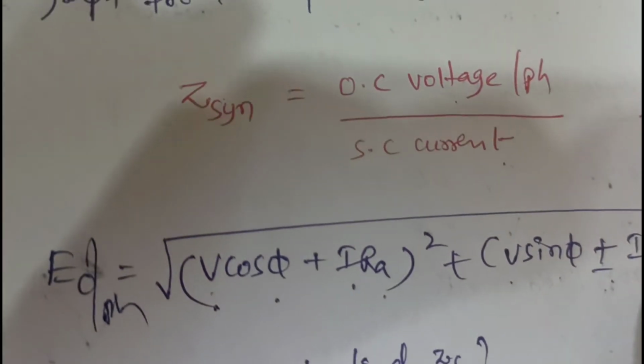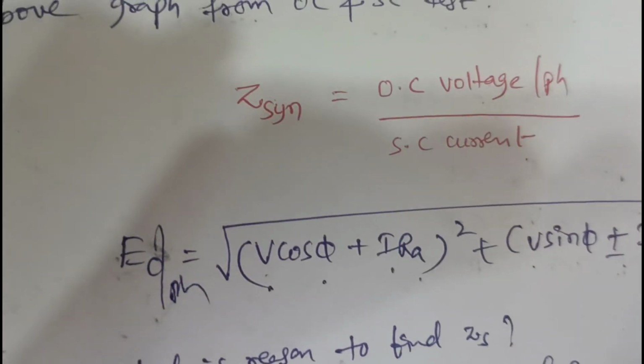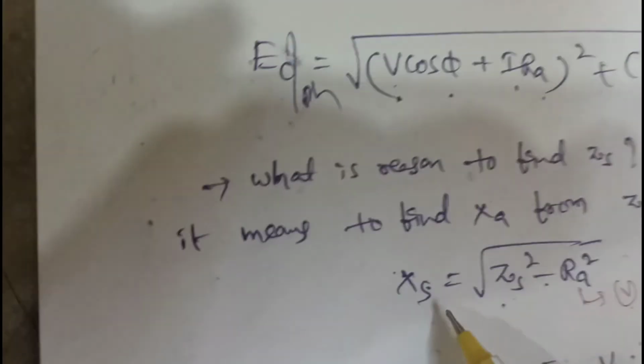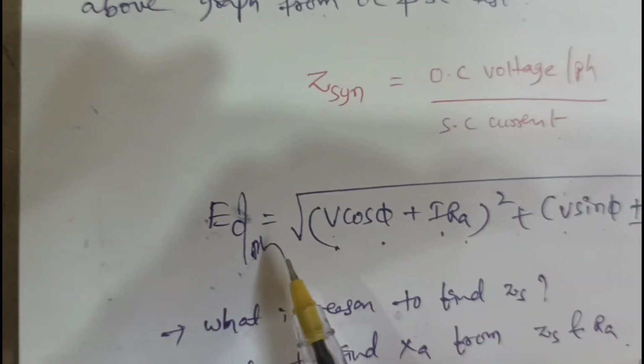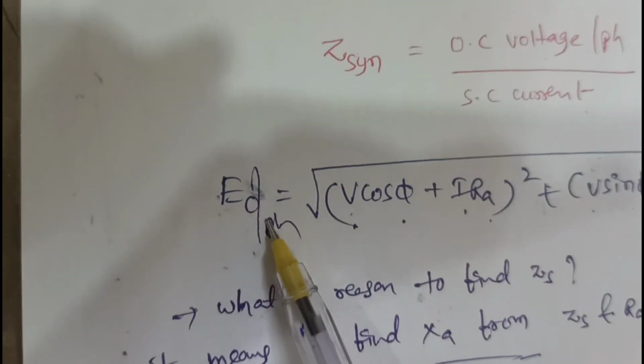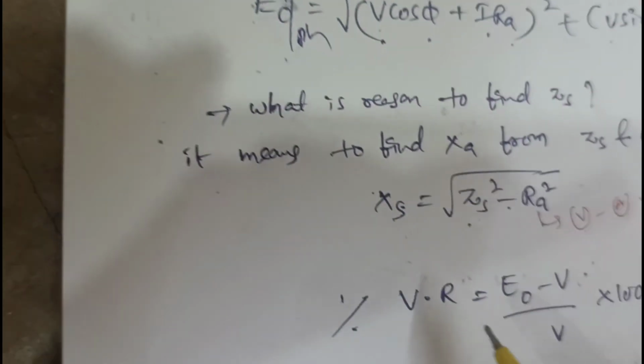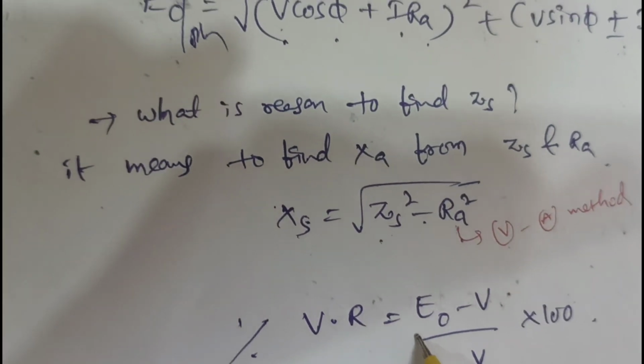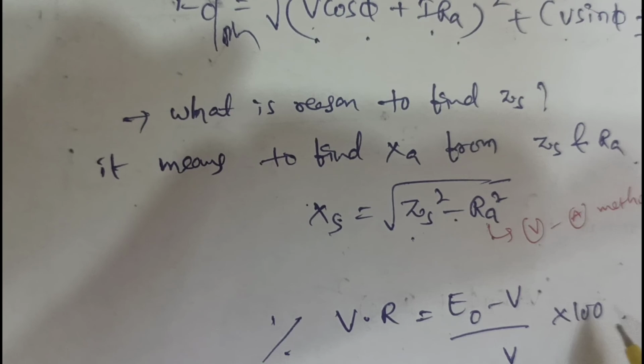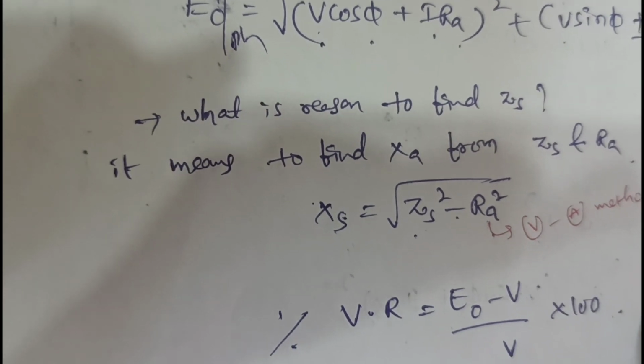You know the I and XS, so substitute all the values. You get the no load EMF per phase. Then in the voltage regulation formula, E0 minus V by V into 100, finally you get the voltage regulation.